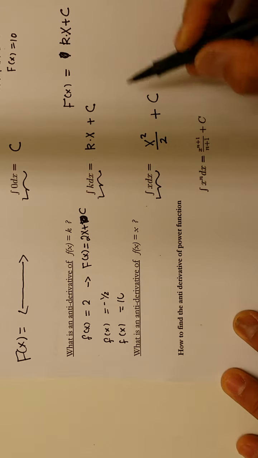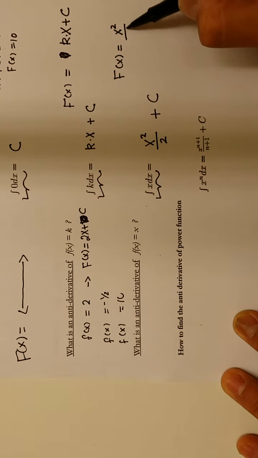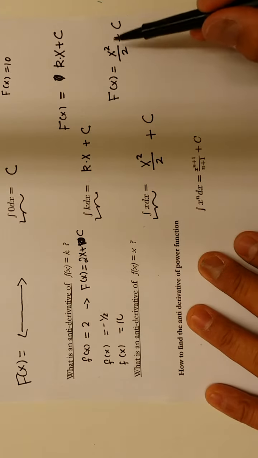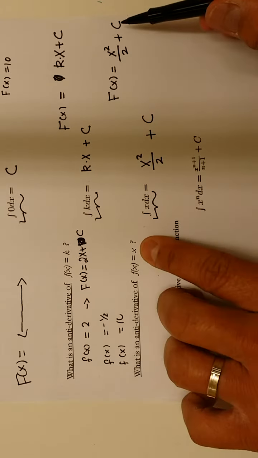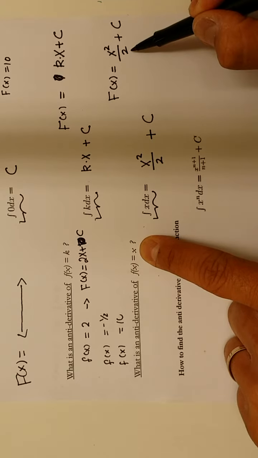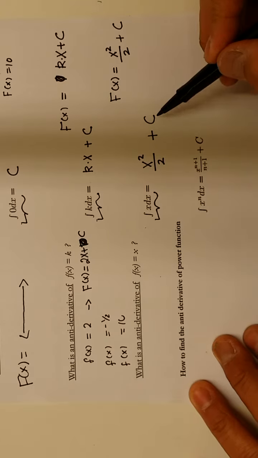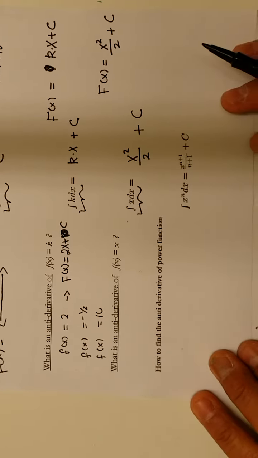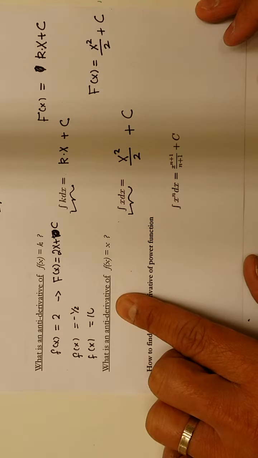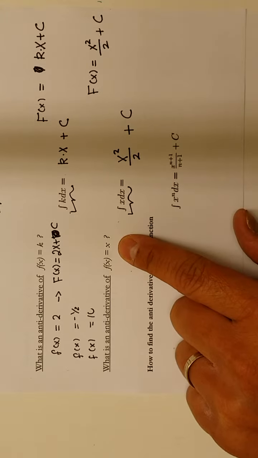The reason is that if we take the derivative of this, we get x: you bring the power down, it cancels with the 2 at the bottom, c goes away, and you get x. In general, there's always a c involved. Now, there is a simple way to find the antiderivative if your derivative function is a power function.